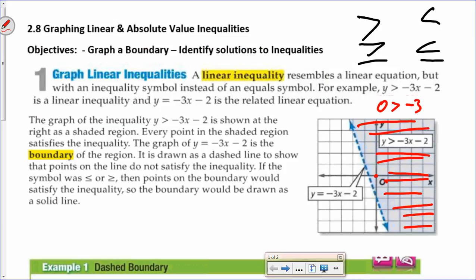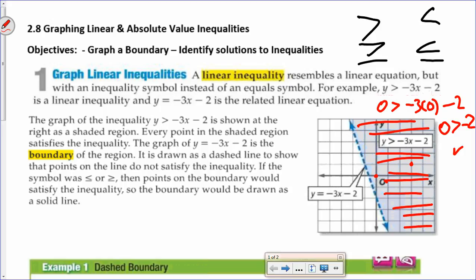We've got 0 is greater than negative 2. You see that is true. That satisfies the inequality, so that's part of the solution. That's why we shade that region. If you picked any point, for example 3, 1, that satisfies the inequality if you plugged in 3 for x and 1 for y.